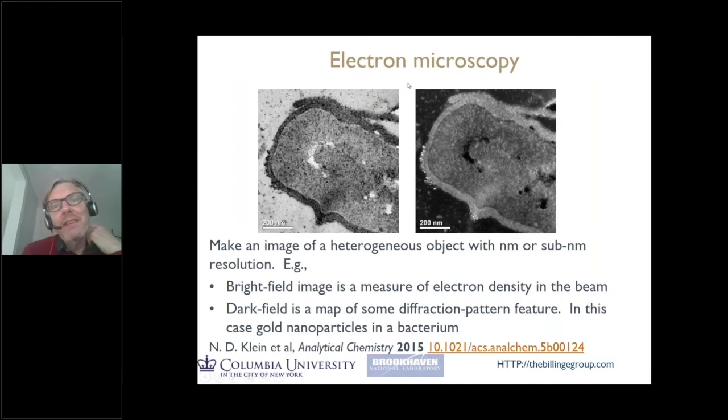So if we take a very naive view of electron microscopy, you've got a heterogeneous sample, and you want to see an image of it. And the traditional approaches are that you might do a bright field image, and that's a bright field image here of a bacterium. And there's lots of dark areas and light areas, and there are some black dots.